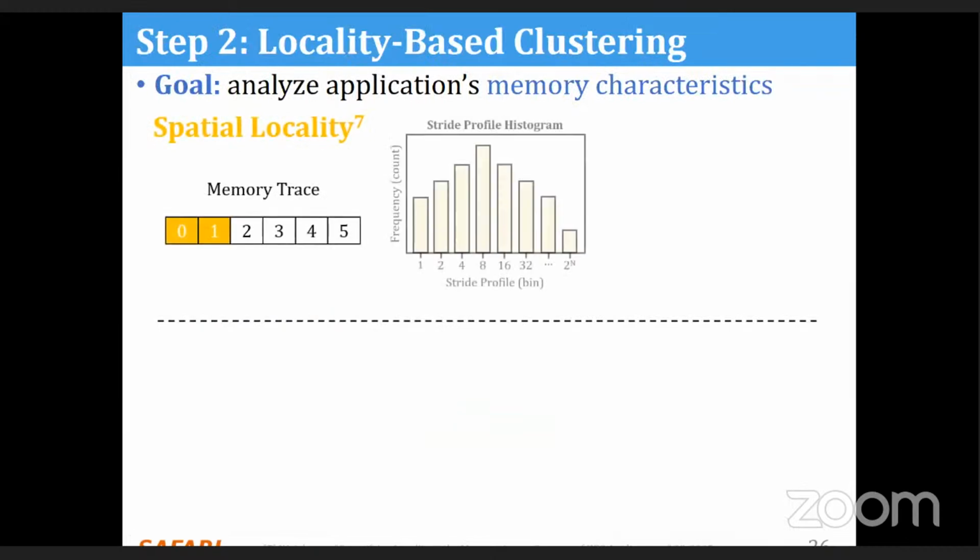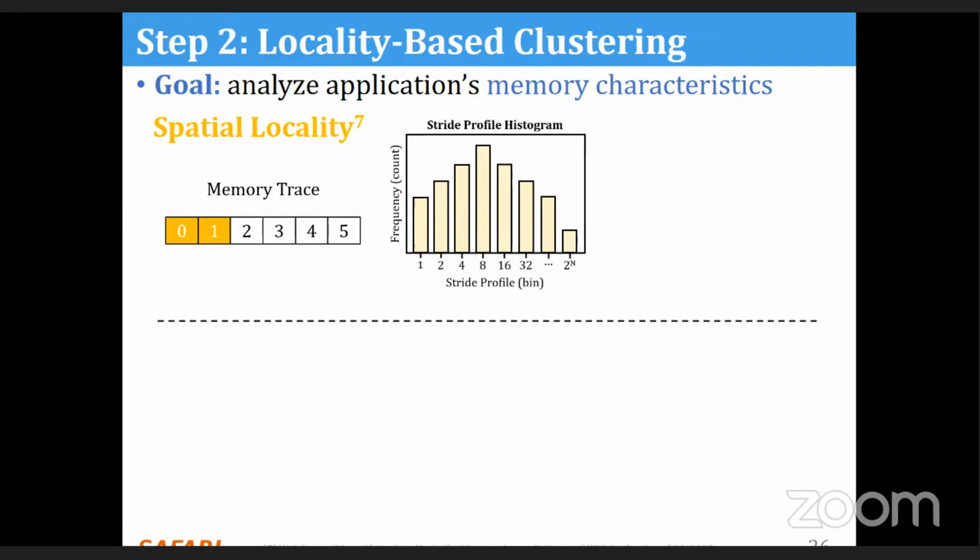For the spatial locality, we create a stride profile histogram. You are familiar with what spatial locality is, right? In some sense, it gives us the probability of accessing an address that is neighboring to an address that has been accessed before.